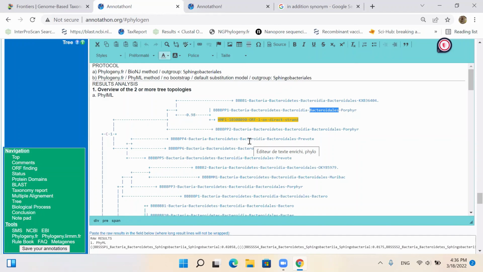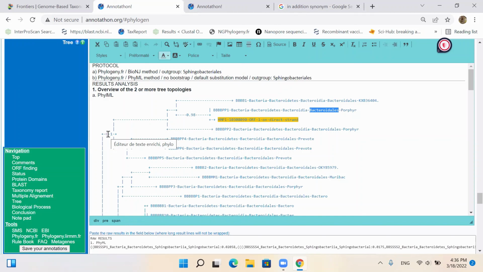If you go down, it's also Bacteroidales. It means that what you wrote as C1 on the left is a monophyletic group. All of that is a monophyletic group.